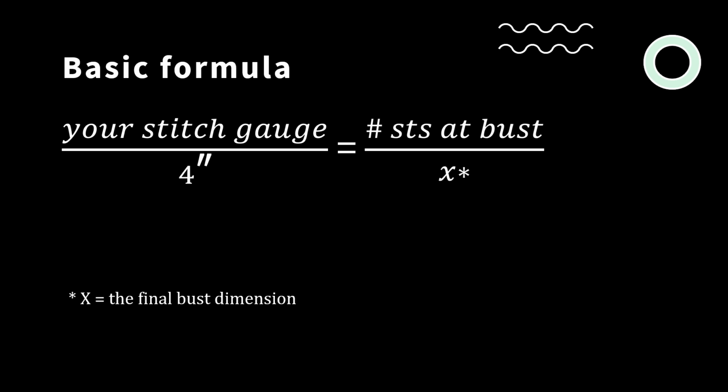What we're going to plug that into is an equation where, on one side, we have your stitch gauge, so whatever number of stitches your final swatch gave you over 4 inches or 10 centimeters.